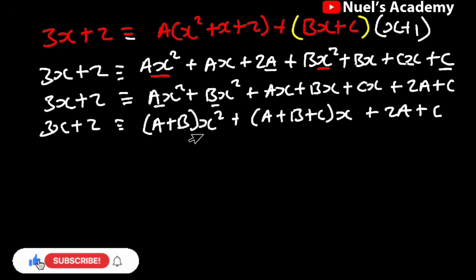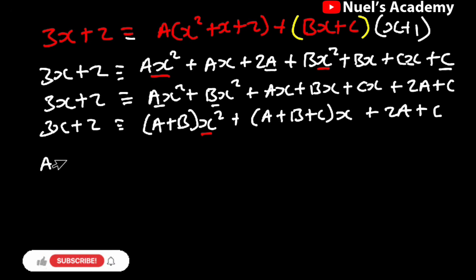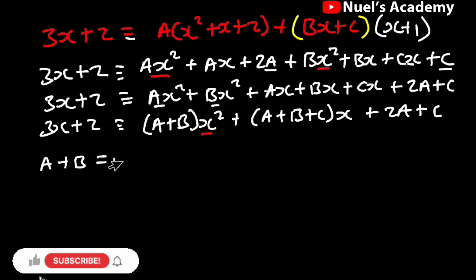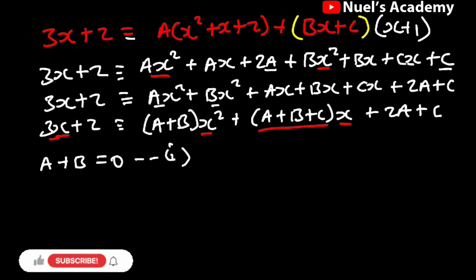Now we have x squared here, we don't have any x squared on the left, so we're going to equate it to 0. So a plus b is equal to 0. Let's call this equation I. Now what about x? We have x here, we have x here, so we're going to equate a plus b plus c to 3.